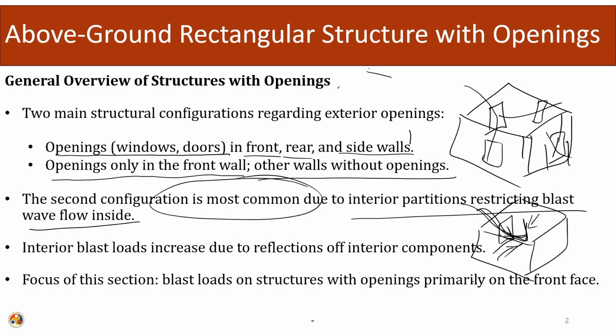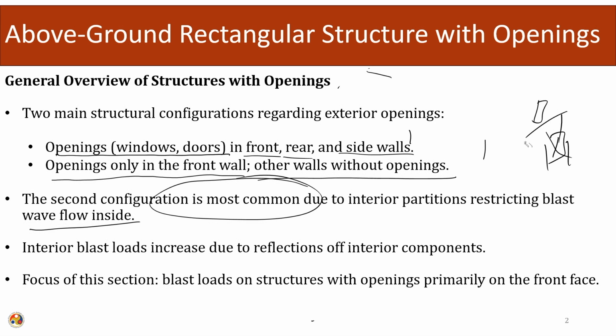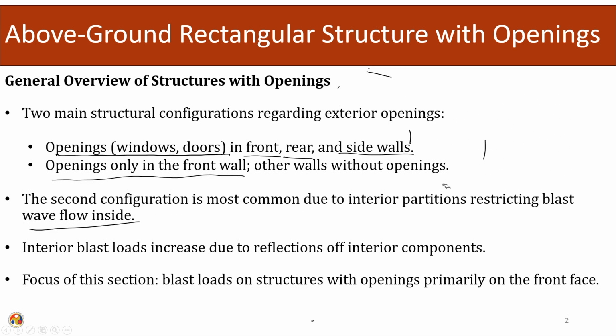So, the main focus of this section is on the blast loading on the structure with openings primarily on the front face. So, since this is the most common case, we will be mostly focusing on the structures having frontal openings. So, moving ahead.